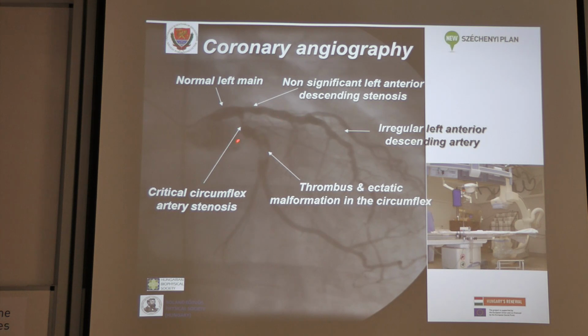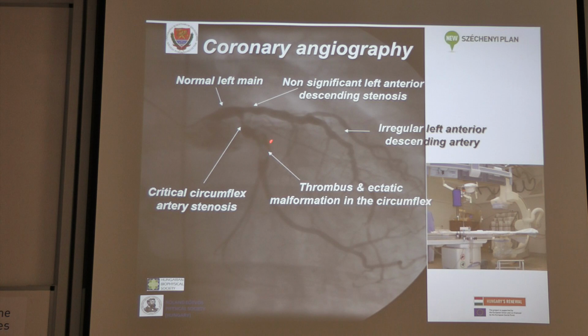But in this case, we can already observe different kinds of alterations on the angiogram. This is a critical stenosis of the so-called circumflex artery, responsible for the effort angina symptoms of the patient, who when trying to exert himself has to stop because of compressive pain in his chest.